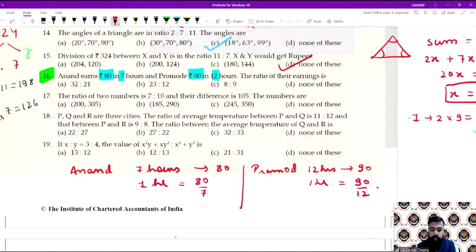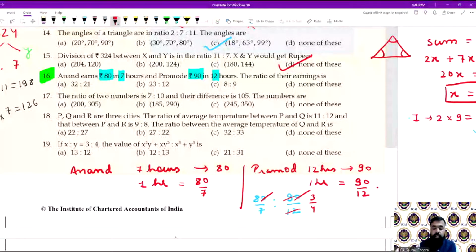So on comparison, how much are we getting? Let's check. 80 by 7 ratio 90 by 12. We can cancel 0, then 3 by 4.